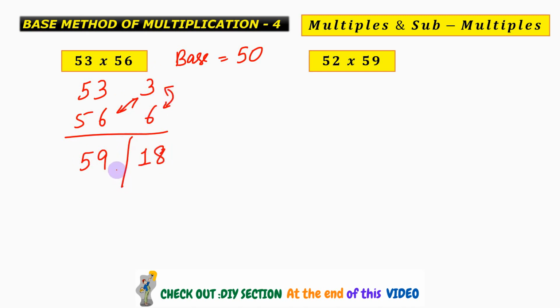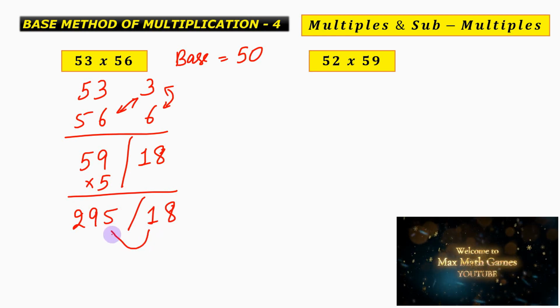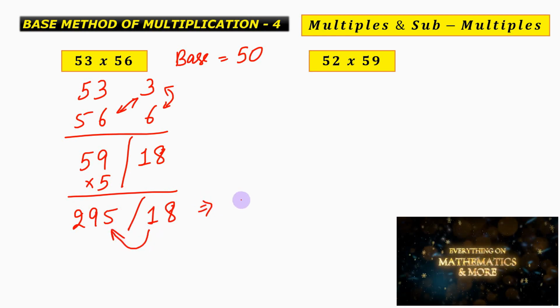But then we have to multiply the first part by the number 5 as was done earlier. So 59 into 5 will give us 295, and then we write this 18, but this should be a single digit number, so this 1 will get carried over, and hence our answer will be 2968.